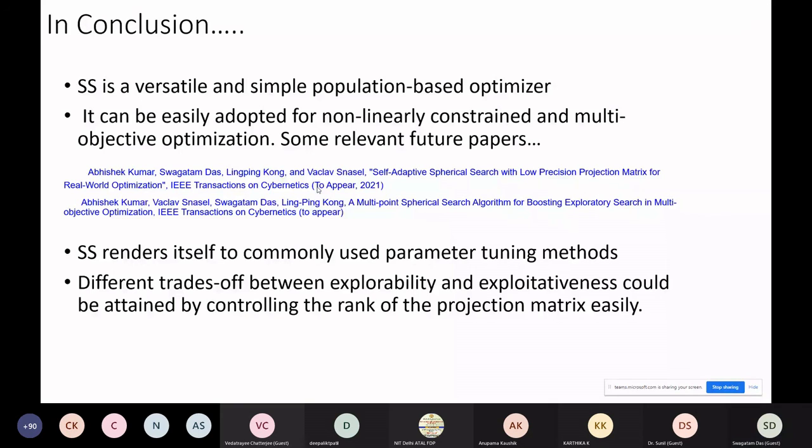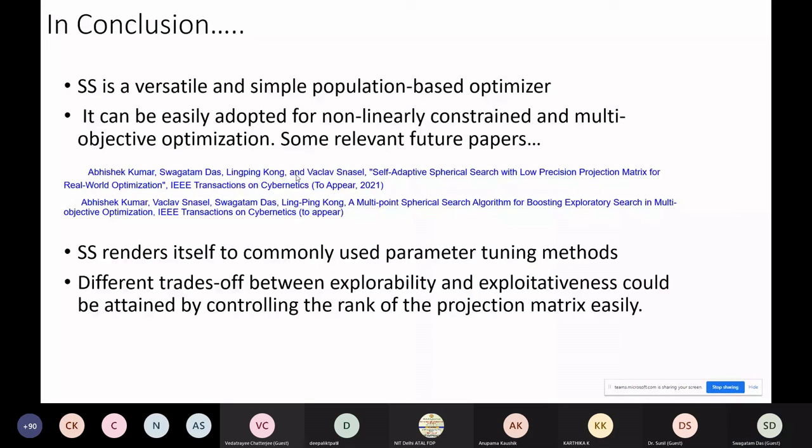SS easily lends itself to such parameter tuning. And of course, different trade-offs between explorability and exploitativeness could be attained by controlling the rank of the projection matrix. In fact, a low precision projection matrix, which is the topic of the first paper listed here, could improve the computational time and could give us even better results sometimes.